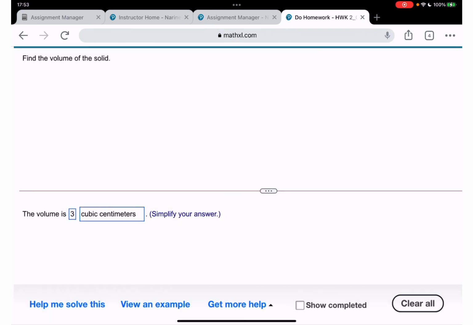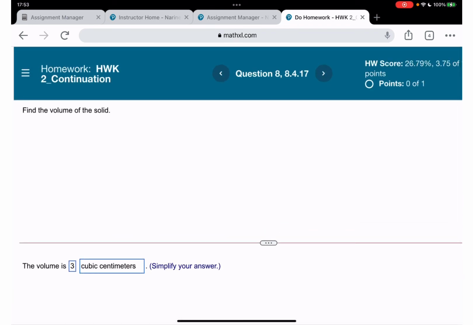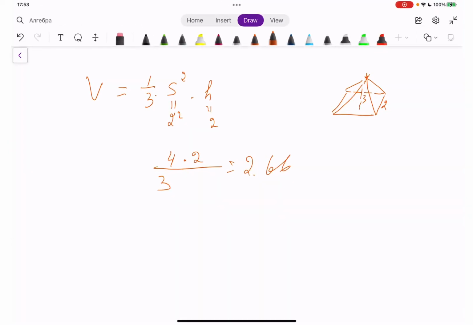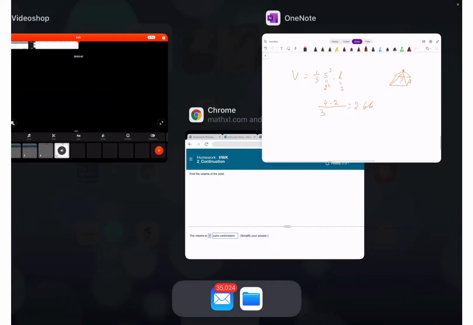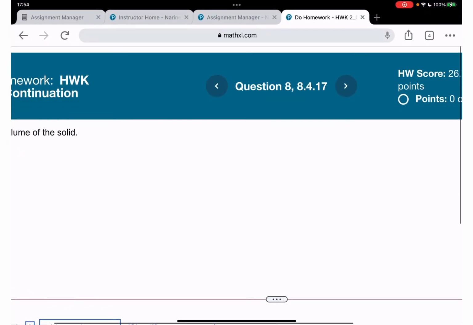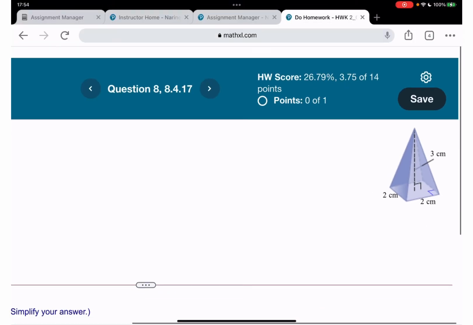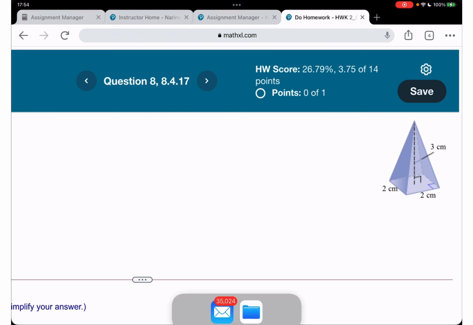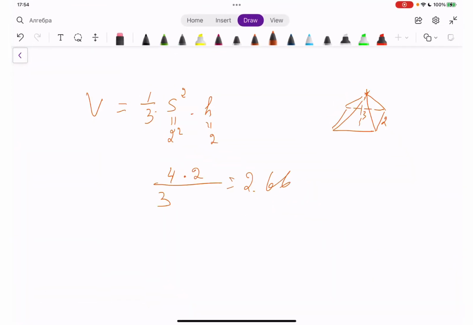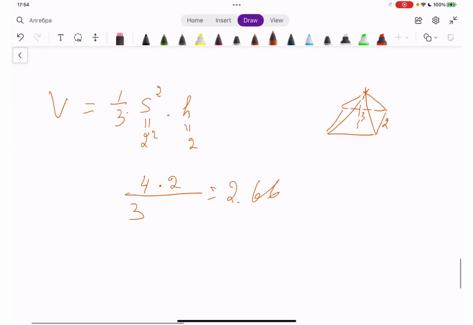No. Okay, let's go back and do it again. Let's see what is wrong. So we have here what? 2 centimeters and 3 centimeters height. Is it what I had? Ah, 3.